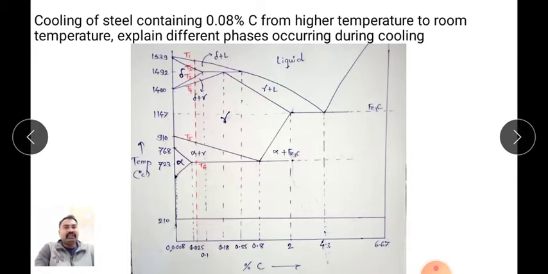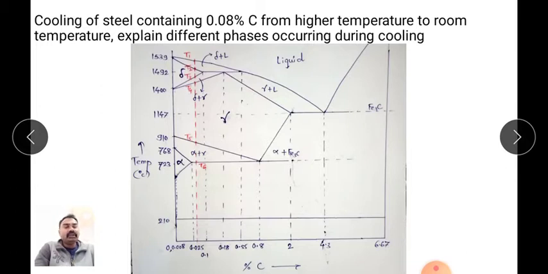As we have drawn that vertical line intersecting the different curves on the iron-carbon equilibrium diagram, we have marked the first intersection of the red line and the curve as T1, the second intersection as T2, the third intersection T3, the fourth intersection T4, on the 910 degrees Celsius curve T5, and on the 723 degrees Celsius horizontal line T6.